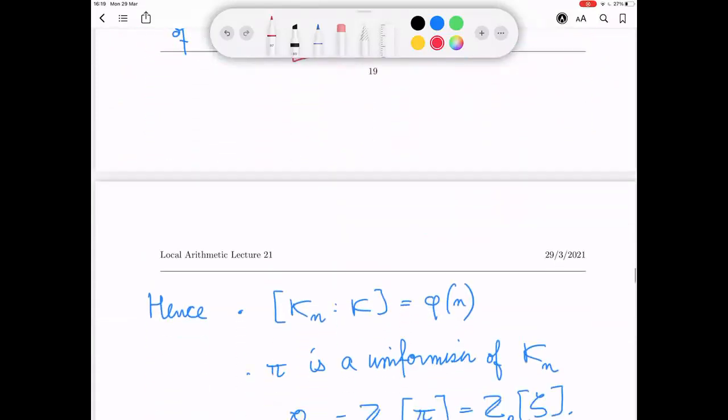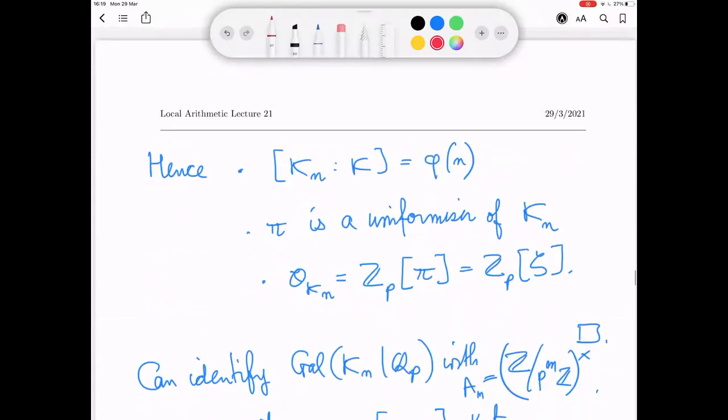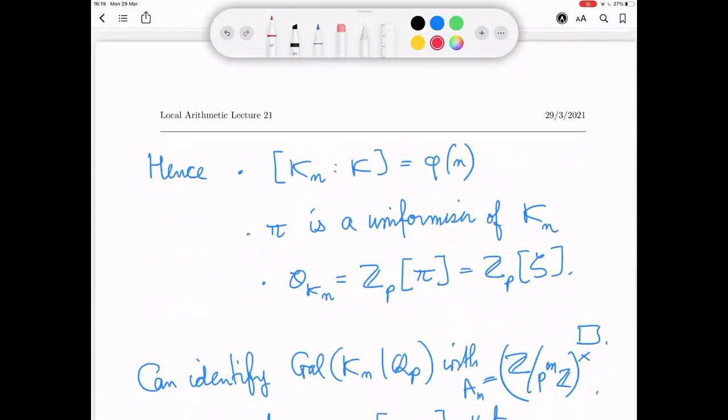Okay, now if it's an Eisenstein polynomial, then we get a certain number of things immediately: the degree of this extension has to be equal to the degree of the polynomial. Eisenstein polynomials are irreducible, and when you adjoin a root, the degree of the extension is equal to the degree of the polynomial.